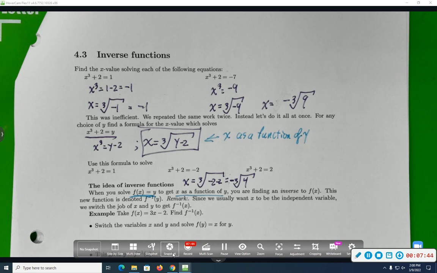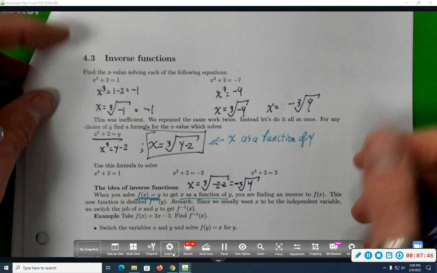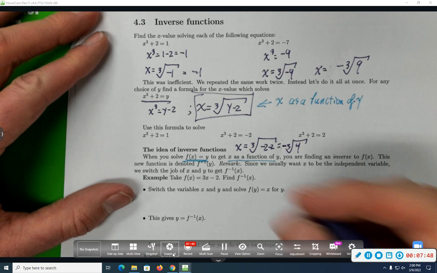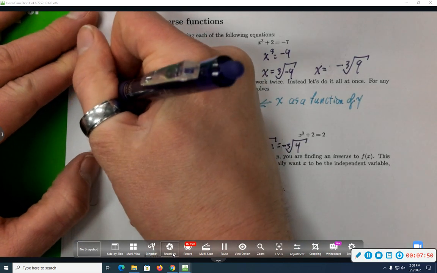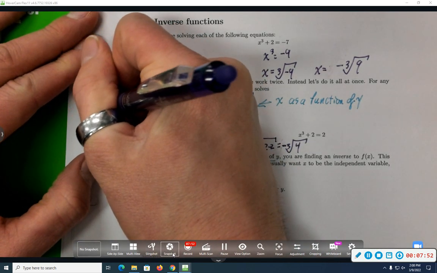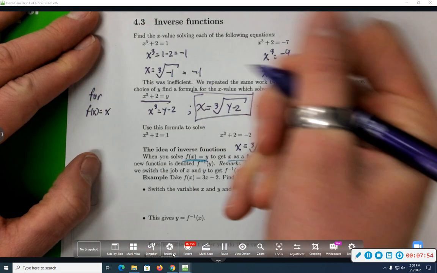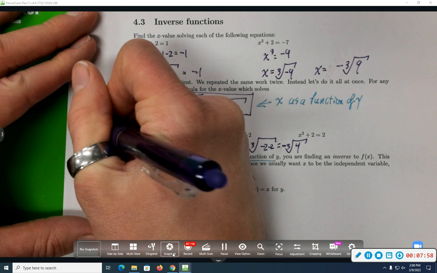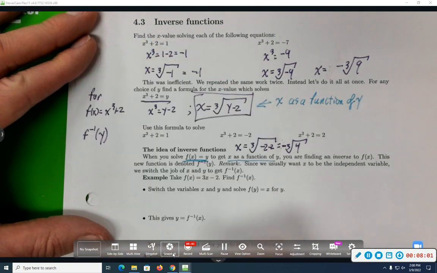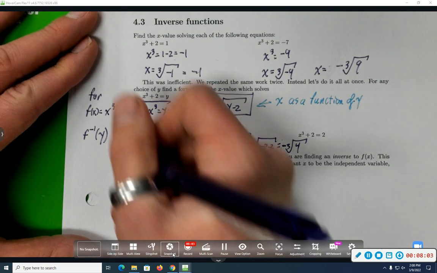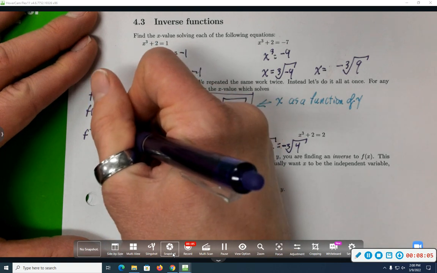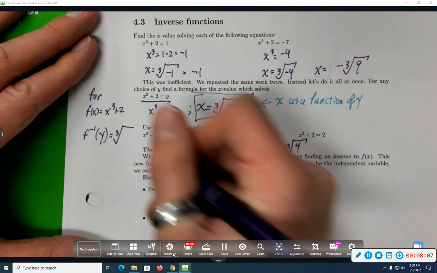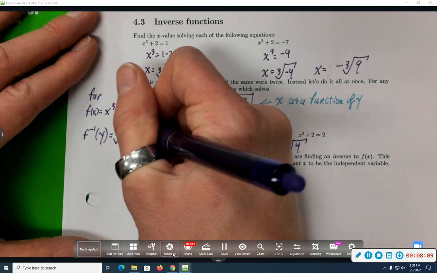So what does that mean? That means for f of x equals x cubed plus 2, the inverse function is given by f inverse, the independent variable is called y right now, equals the cube root of y minus 2.